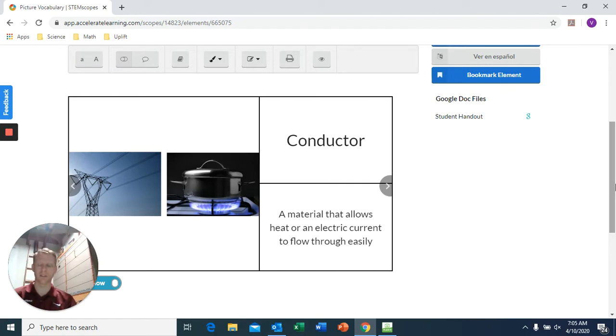Metals are also good conductors of electricity. Lamps, toasters, TVs, and other electrical devices are connected to the wall through electric cords. Inside these electric cords are metal wires that are usually made of copper.